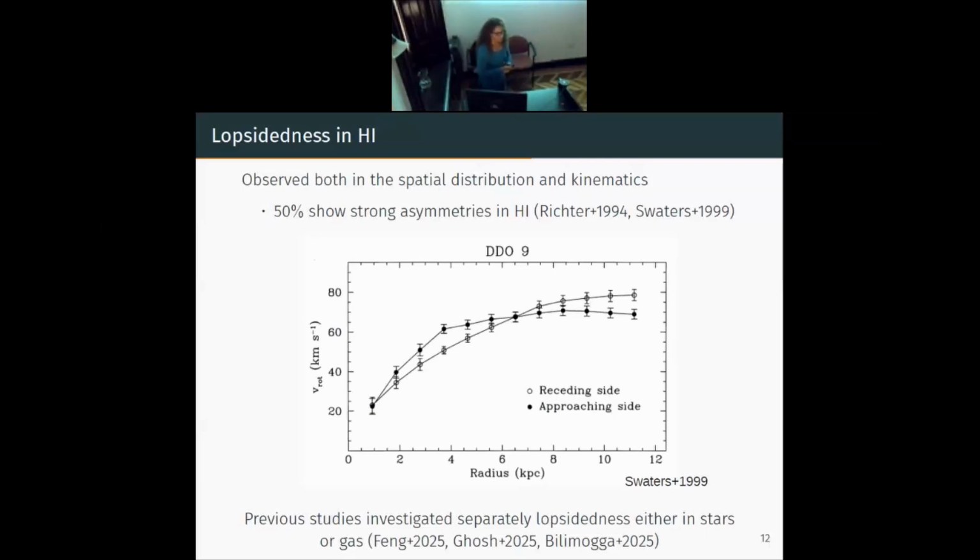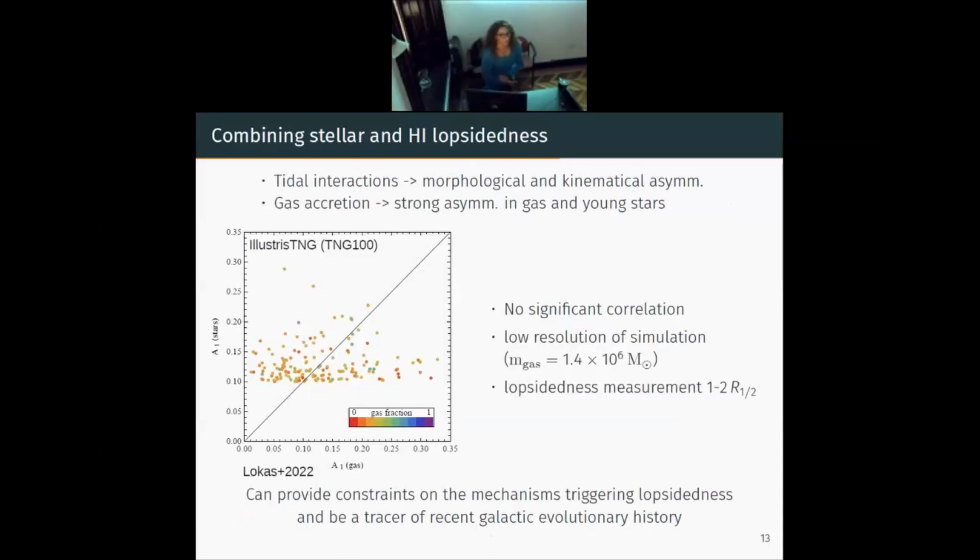In particular, in the kinematics, lopsidedness appears as an asymmetry in the rotational velocity curve, where one side of the rotational velocity rises more steeply than the opposite side. And the combined study between stellar and HI gas lopsidedness could provide important clues about not only the mechanism triggering lopsidedness, but also about the recent galactic evolutionary history.